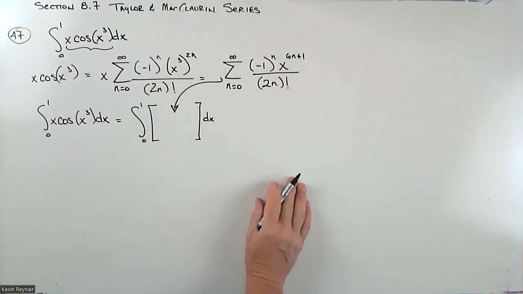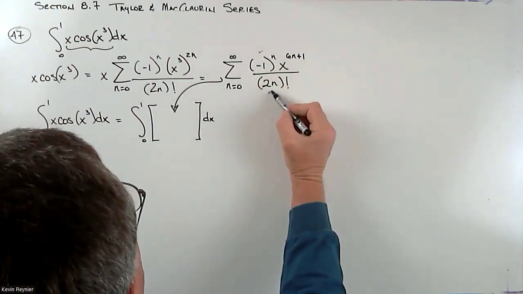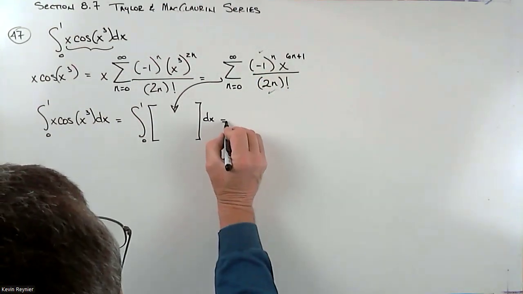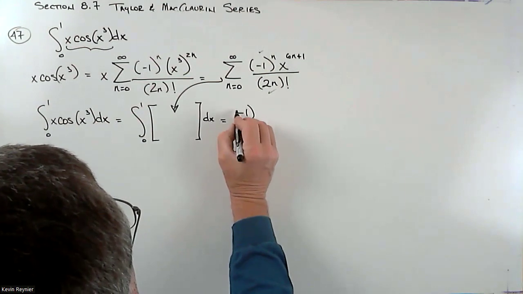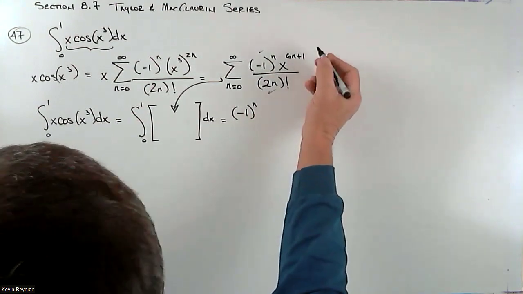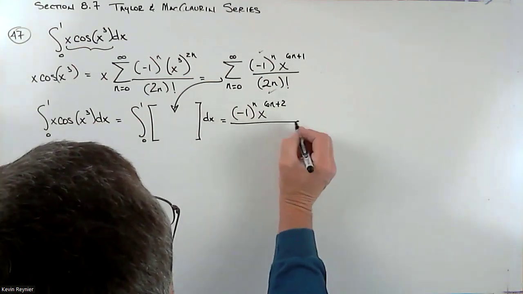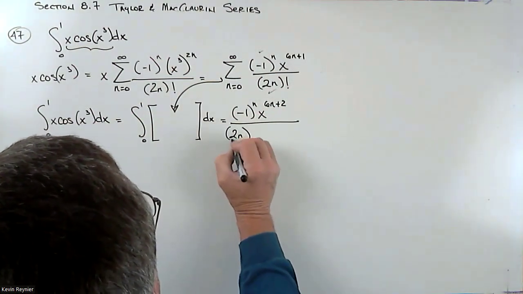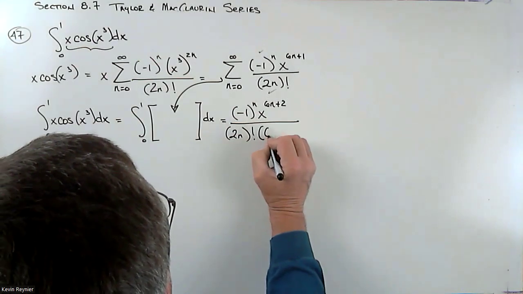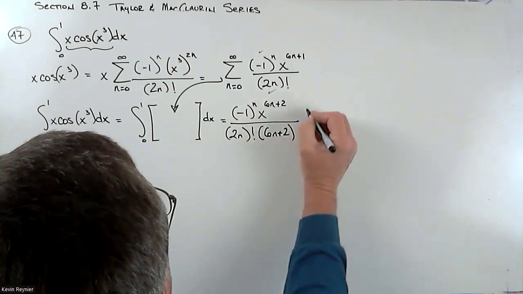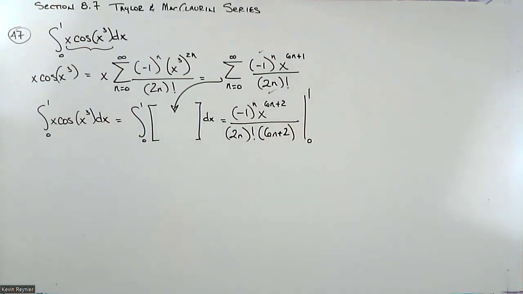But you can integrate that. That's just x to a power. This is a constant. So the integral of this is negative 1 to the n, you add 1, x to the 6n plus 2, you already had a 2n factorial down here, and you divide by 6n plus 2, and you evaluate it between 0 and 1.